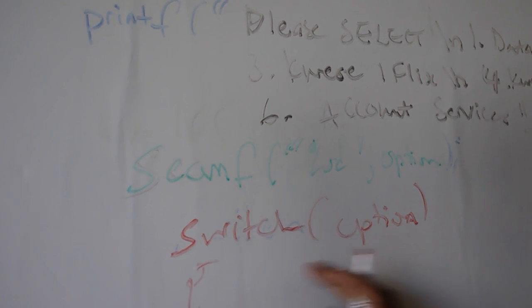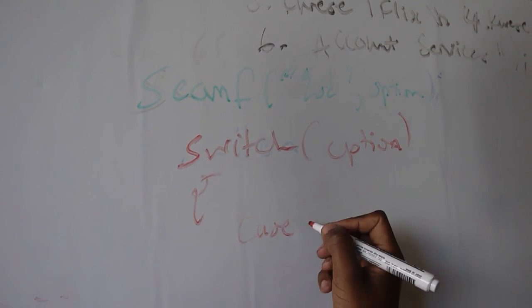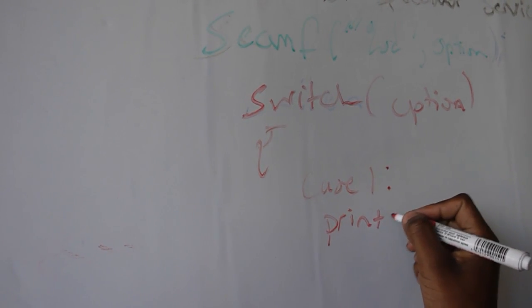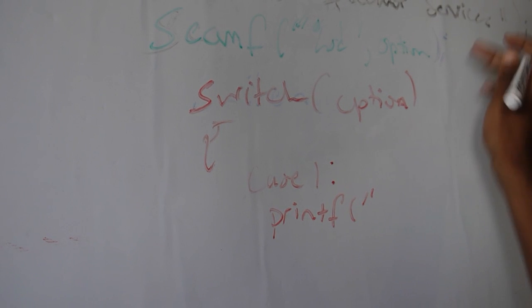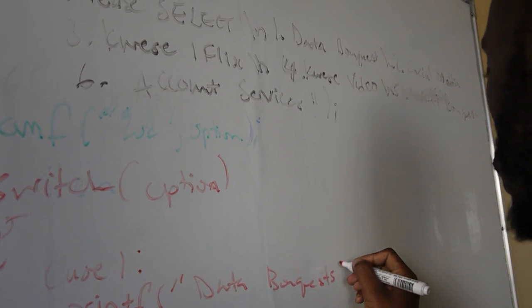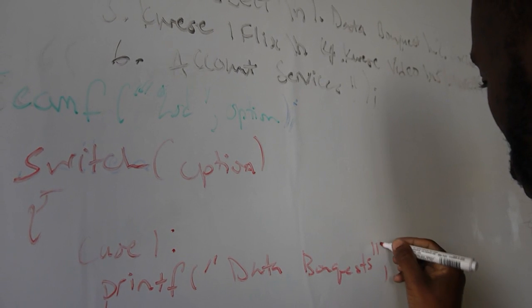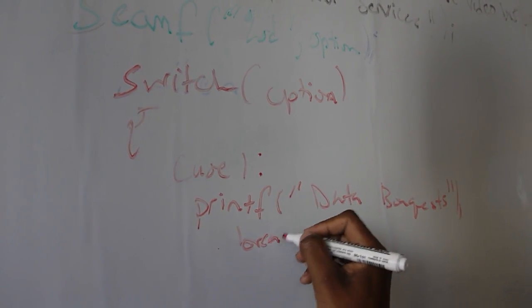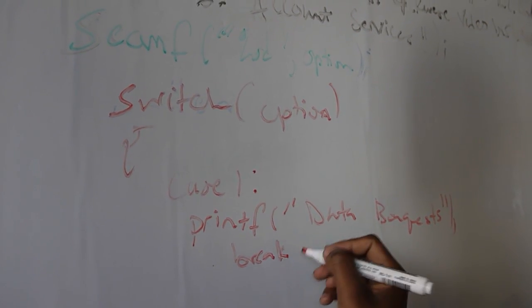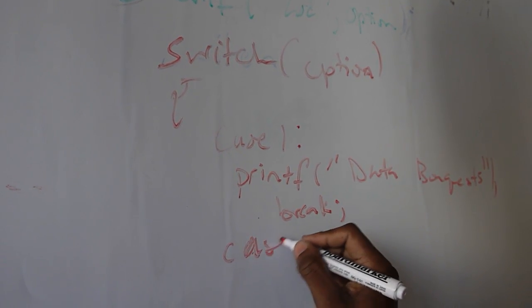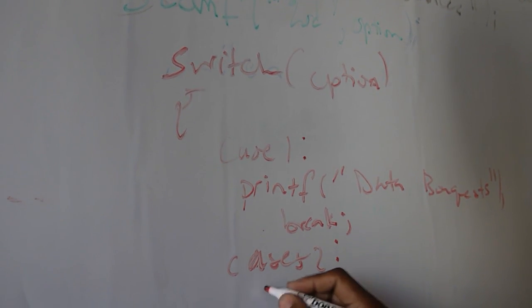From switch option, then case 1, maybe I'm just going to print. The first option here is data. Then don't forget to break each and every case, because if you don't break, it's going to execute all cases. So you are supposed to break.